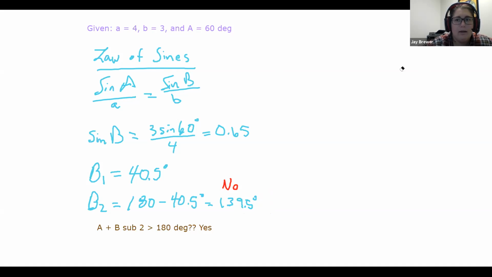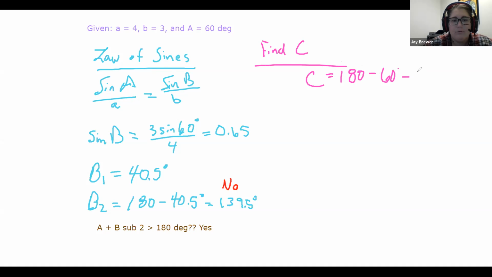All right, so now that we have that option done, we can find big C. We take A, which is 60 degrees, and B, which we just found, is 40.5 degrees, away from 180.